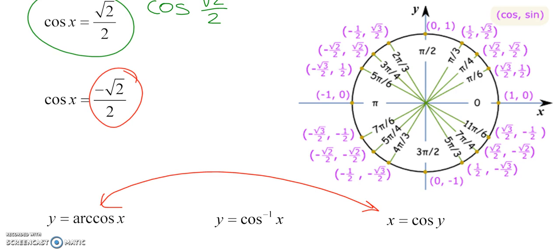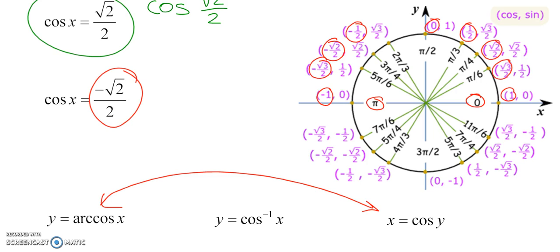If I look at my cosine values from 0 all the way to pi, cosine values start at 1 and decrease. They go all the way to 0. Now they start going into the negatives, and they finally hit negative 1. That's the furthest they go, and then they start retreating back. So if I look from 0 to pi, I cover from 1 to negative 1. That's the maximum of cosine all the way to the minimum of cosine.